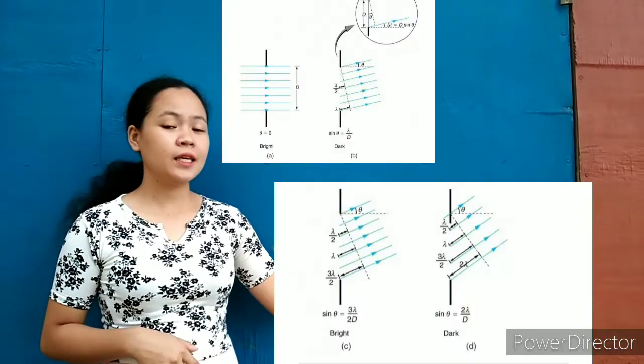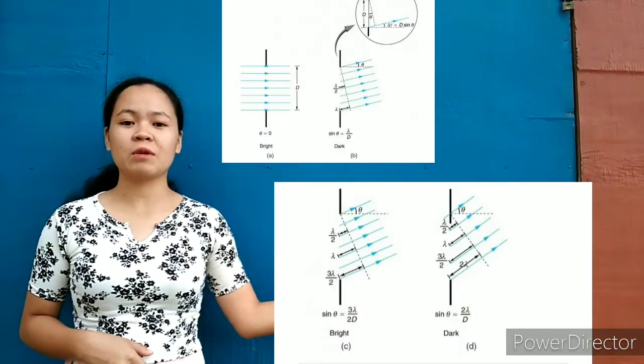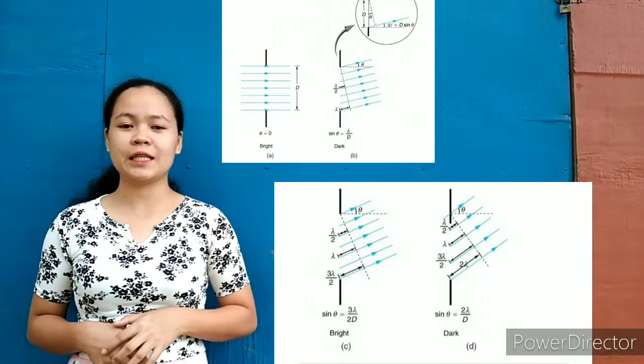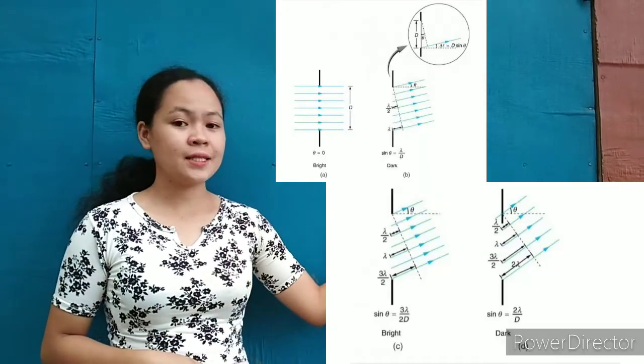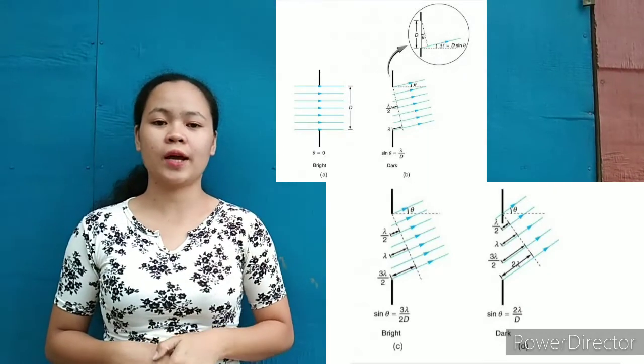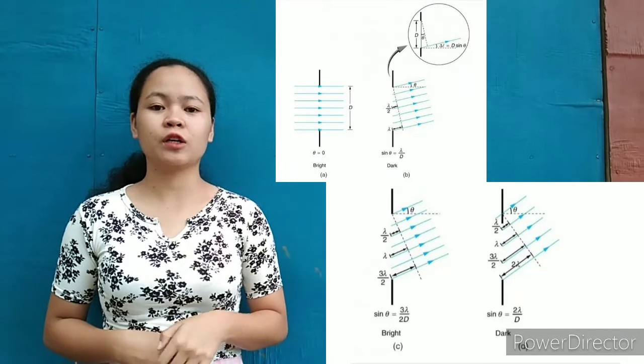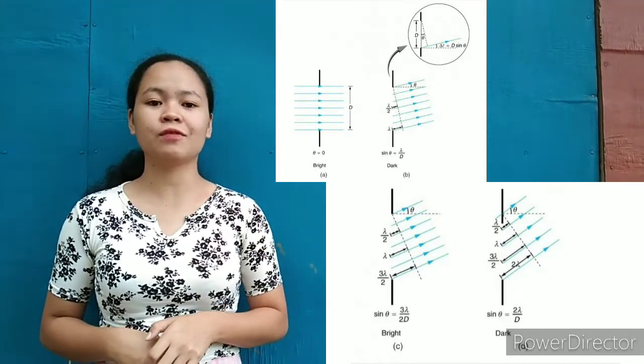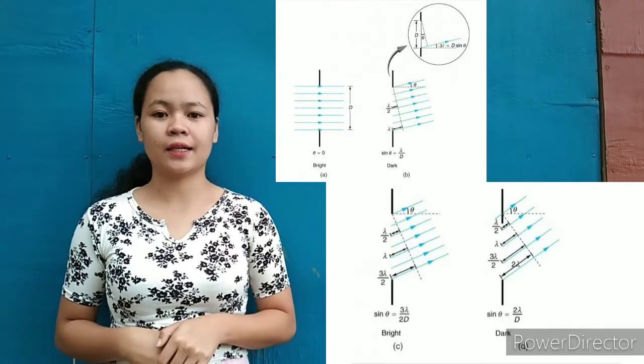The analysis of single-slit diffraction is illustrated in this figure. Here, we consider light coming from different parts of the same slit. In this figure, we can see that light passing through a single slit is diffracted in all directions and may interfere constructively or destructively depending on the angle.